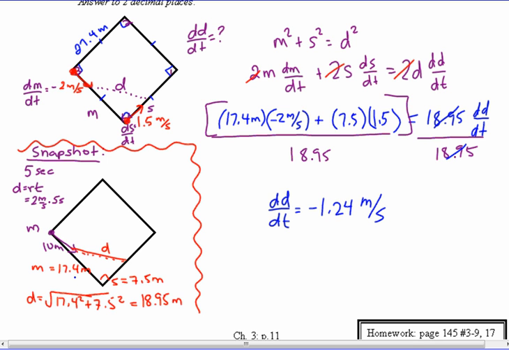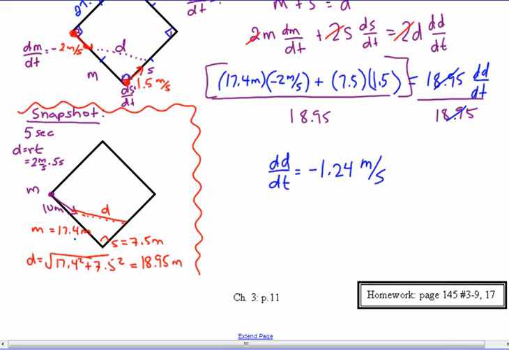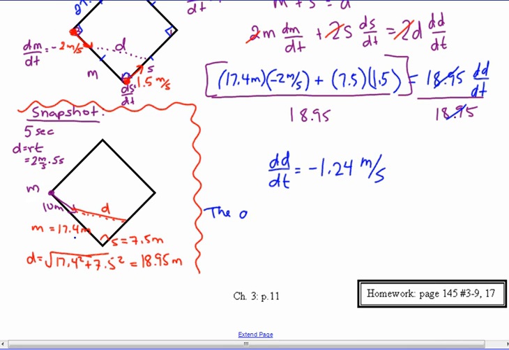Okay, so the distance between them is, that's technically wrong. Okay, the distance between them, is it increasing or decreasing? Decreasing.